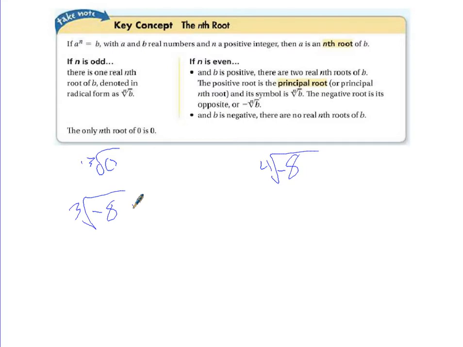Negative 2 times negative 2 times negative 2. So we can have real answers here. Negative 2 would be the answer to that one, because negative 2 times itself 3 times gives you negative 8. That's why if n is odd, there is going to be a real root, no matter what. Doesn't matter if the number inside is negative or not. You're going to get a real root.